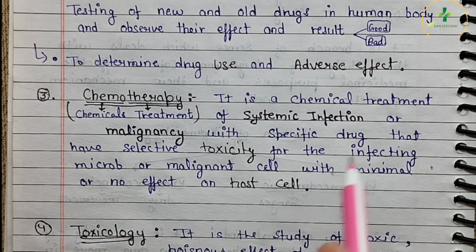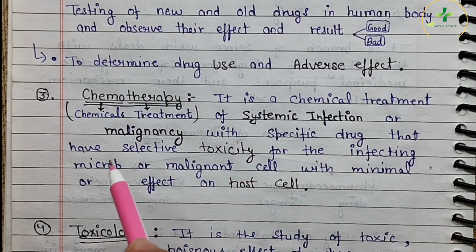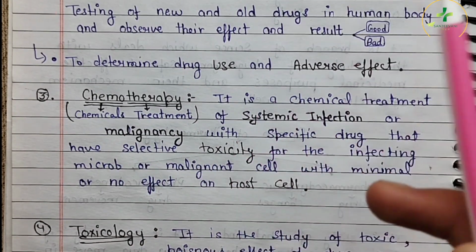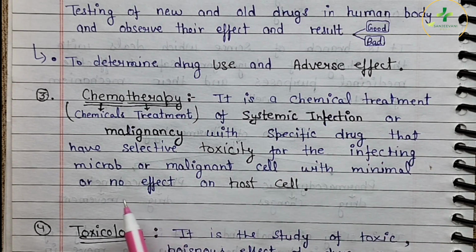So to treat systemic infection and malignancy, we use a specific drug that has a selective toxicity for the infecting microbes and malignant cells, the cancerous cells, killing only the infecting microbe and malignant cell with minimal or no effect on the host cell. It will not affect the patient taking this treatment, and will give selective toxicity to the systemic infection and malignant cells, right?